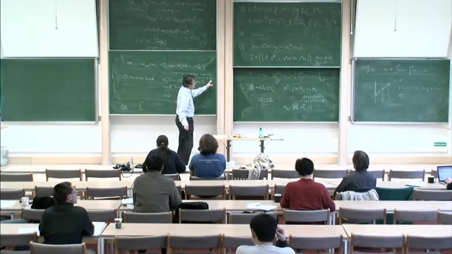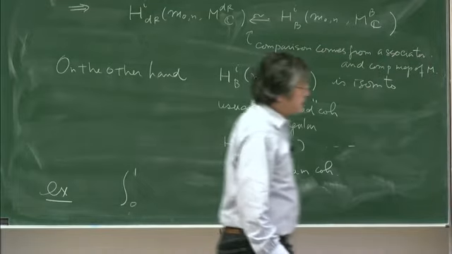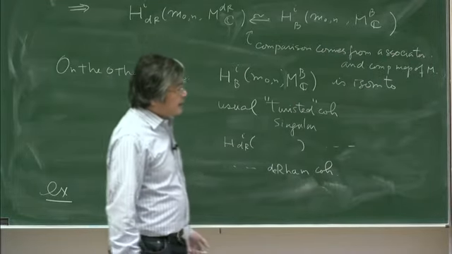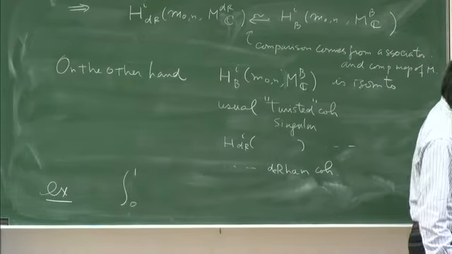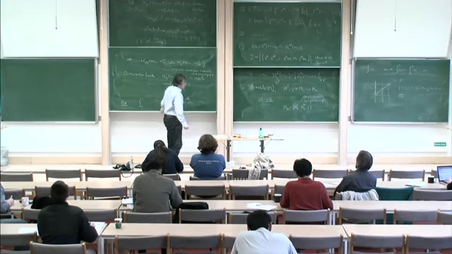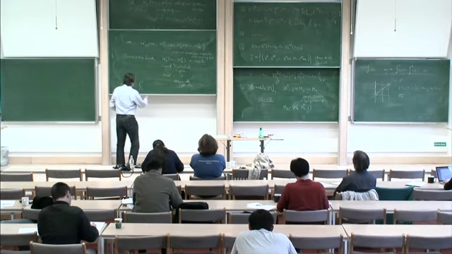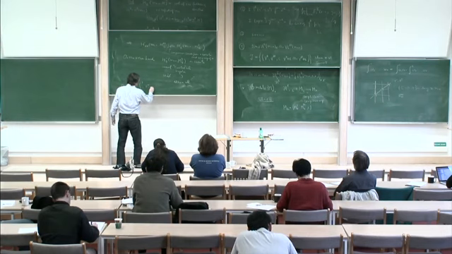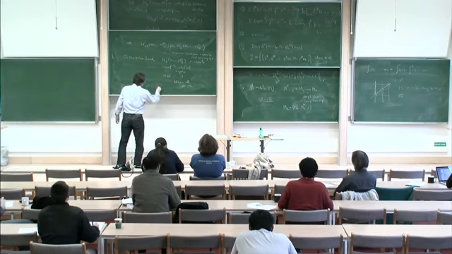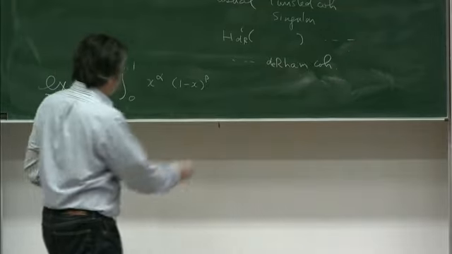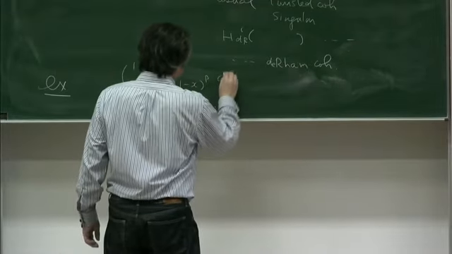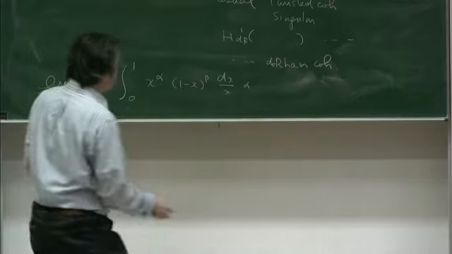So if M comes from the data of the comparison map of U phi, then this coefficient can be written in terms of the coefficients of associators. For example, we have such an integral.